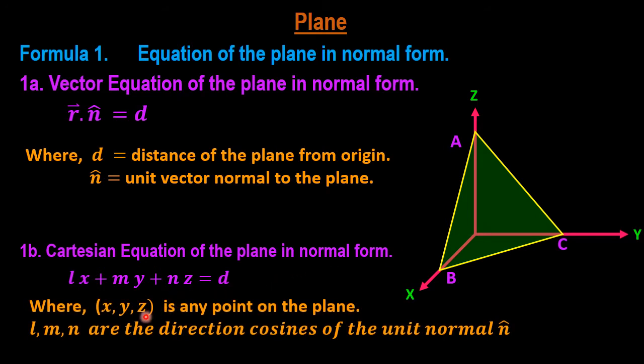And x, y, z is any point on the plane. And if the normal vector is given, then we can find this unit vector by the formula unit vector n equals to normal vector n divided by the magnitude of the normal vector. So these formula are very useful.